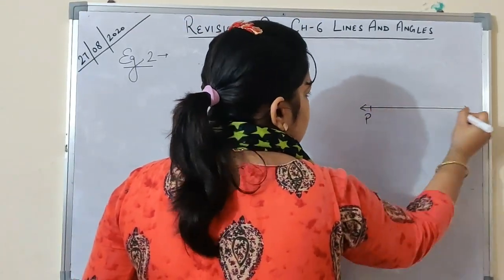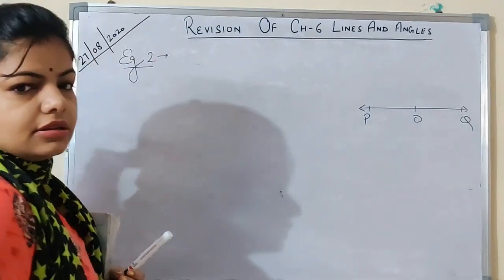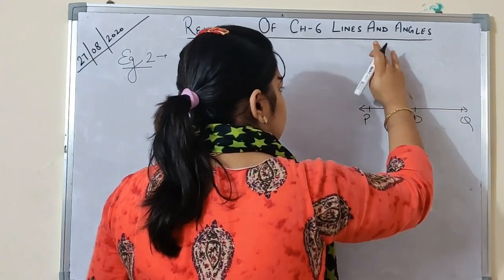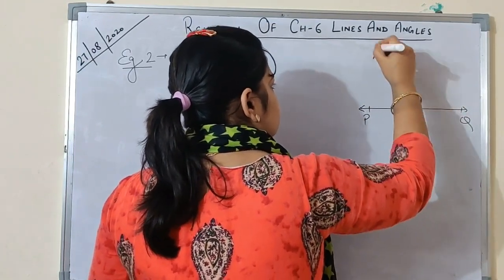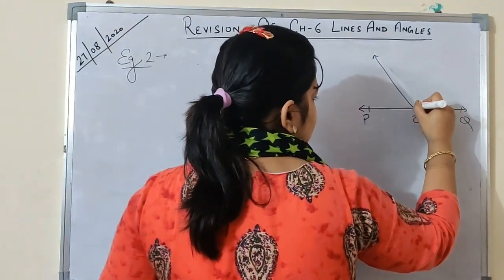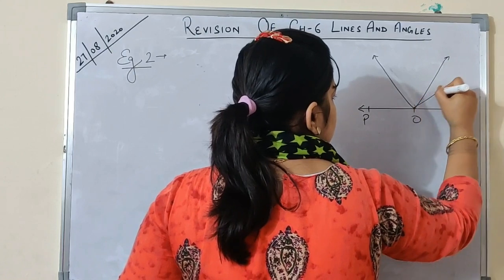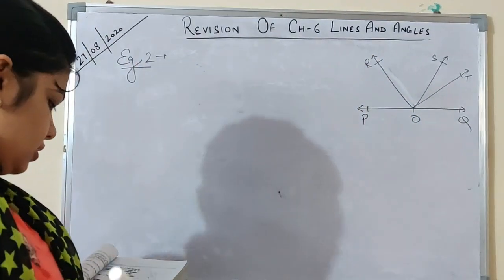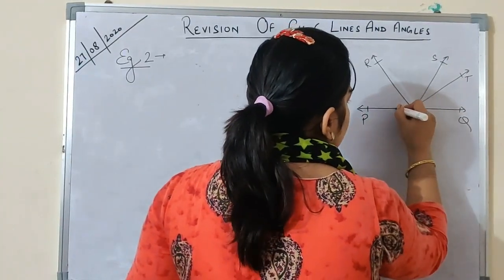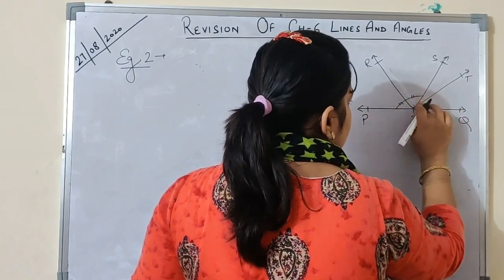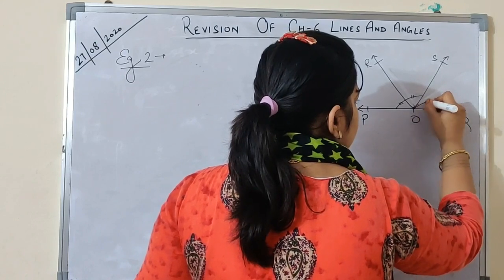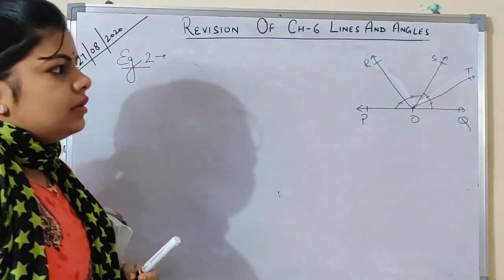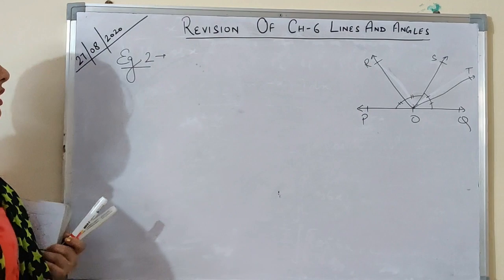So in the figure, a line is given, that is POQ. Okay, so this is the figure for this example.